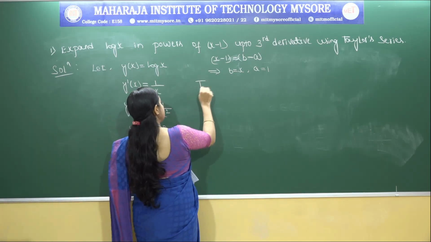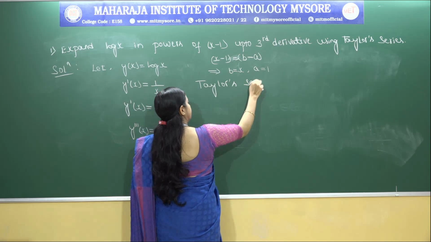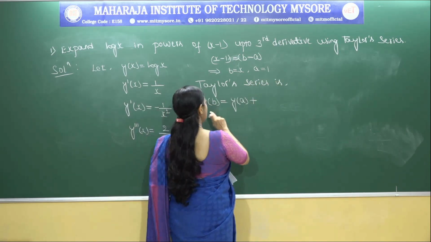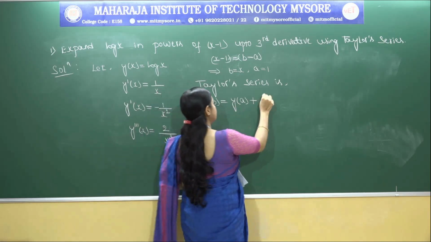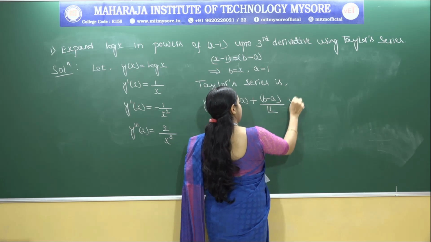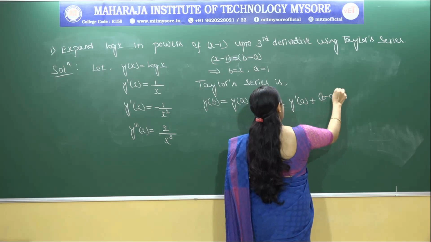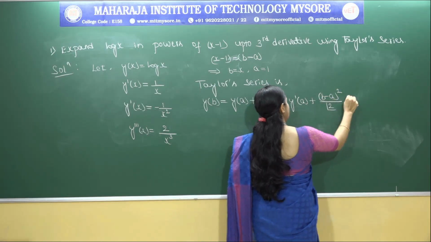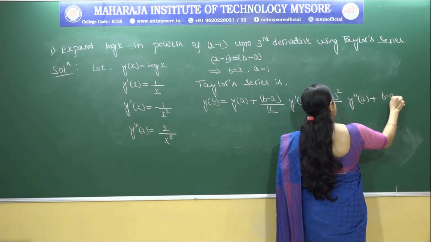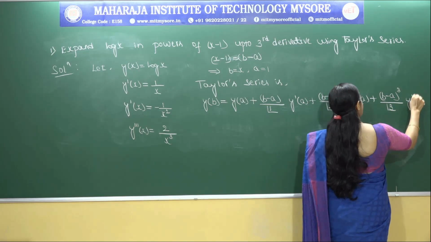So the Taylor series expansion becomes y of b equals y of a plus (b minus a) by 1 factorial y dash of a, plus (b minus a) whole square divided by 2 factorial y double dash of a, plus (b minus a) whole cube divided by 3 factorial third derivative of a.